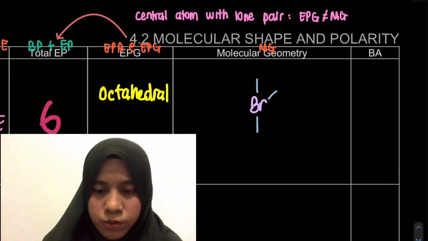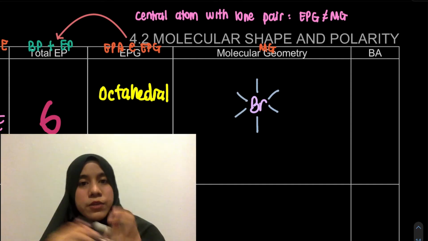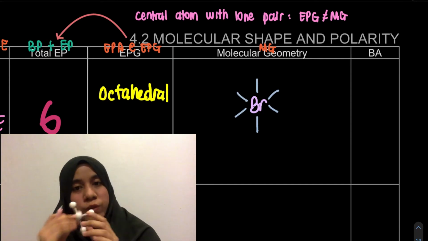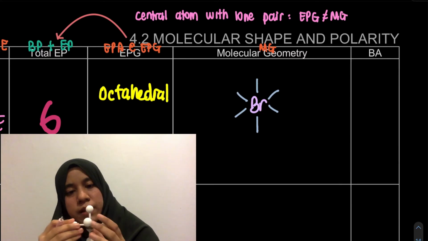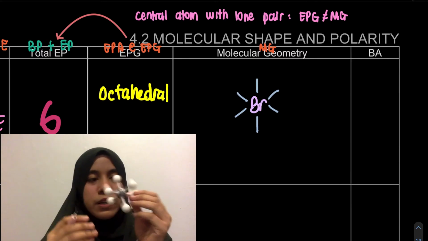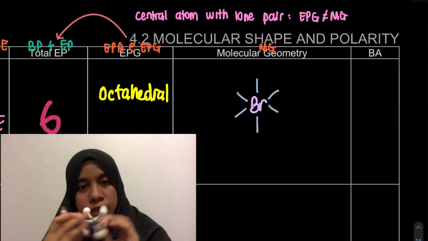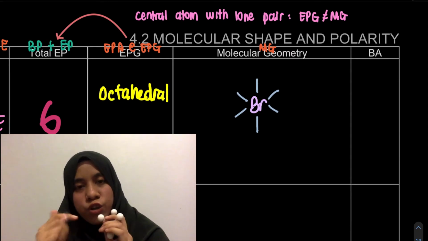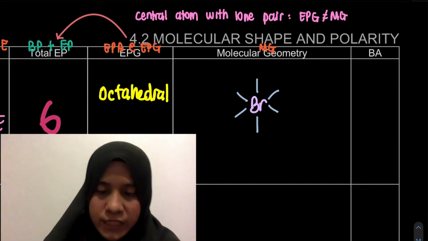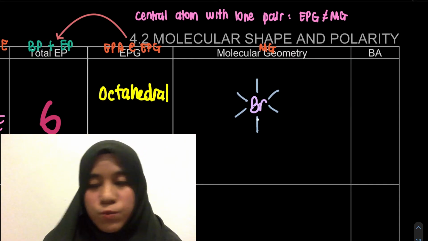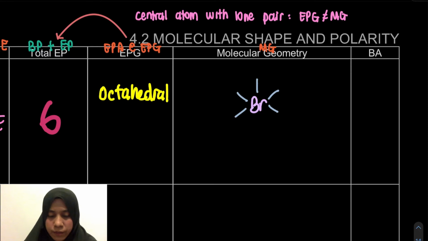1, 2, 3, 4. Okay, so sekarang ni, when we're gonna remove one of the bonding pair, sebabkan dia lone pair, tak kisah pun kamu nak remove yang mana-mana, kalau in terms of 3D ni. Tapi, it will be easier. For example, if you want to draw for the 2D, kita remove kat sini lah. Mana-mana pun boleh. Sebab angle dia semua is 90 degree. Okay, bila kita dah remove, replace it with our lone pair.